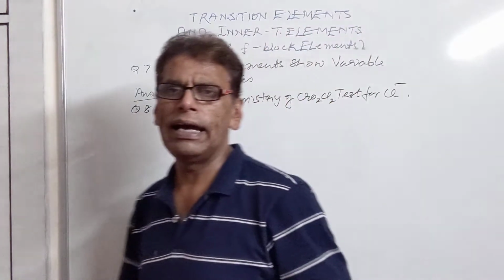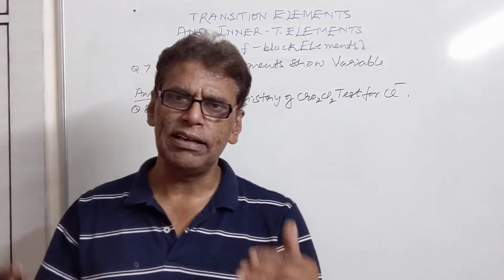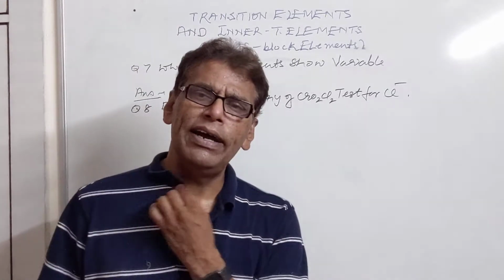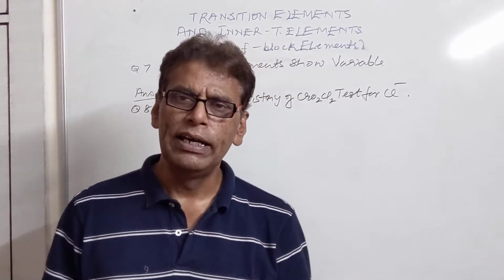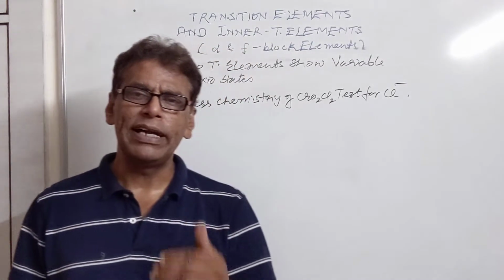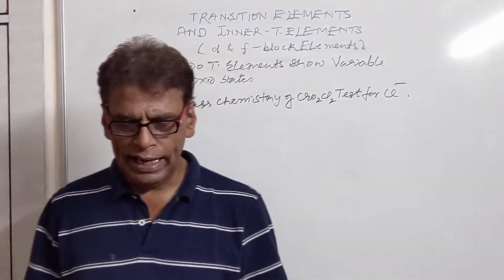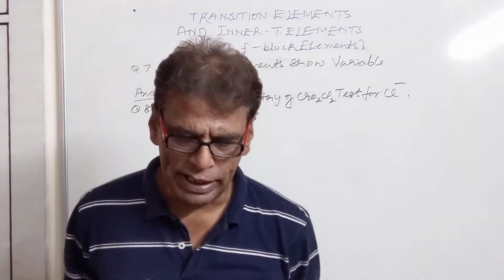Now, chromyl chloride test is a confirmatory test for chloride ions during salt analysis. If you are given chloride ions, then you will perform the chromyl chloride test in the laboratory. This test is performed by taking the chloride salt in a test tube and then adding to it a concentrated sulfuric acid and potassium dichromate mixture.